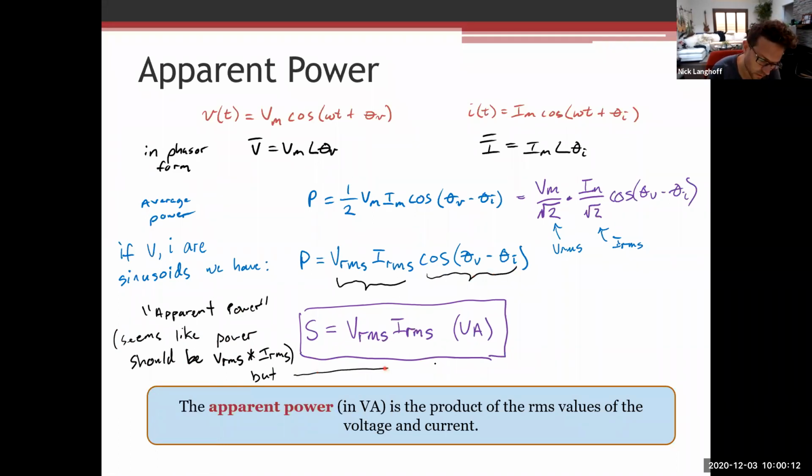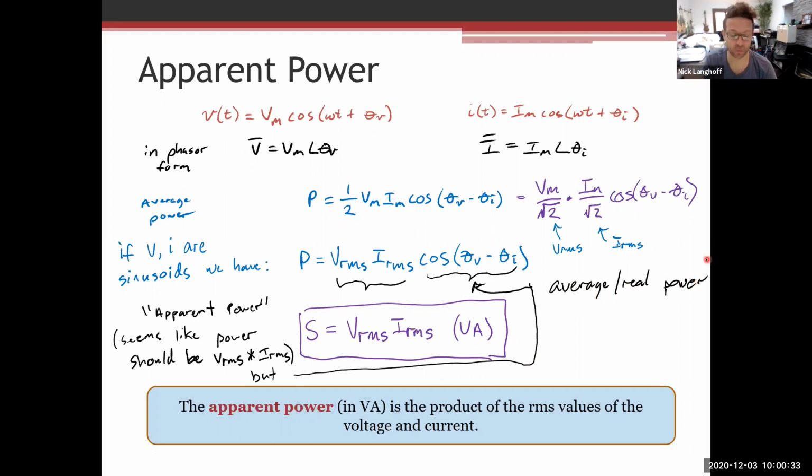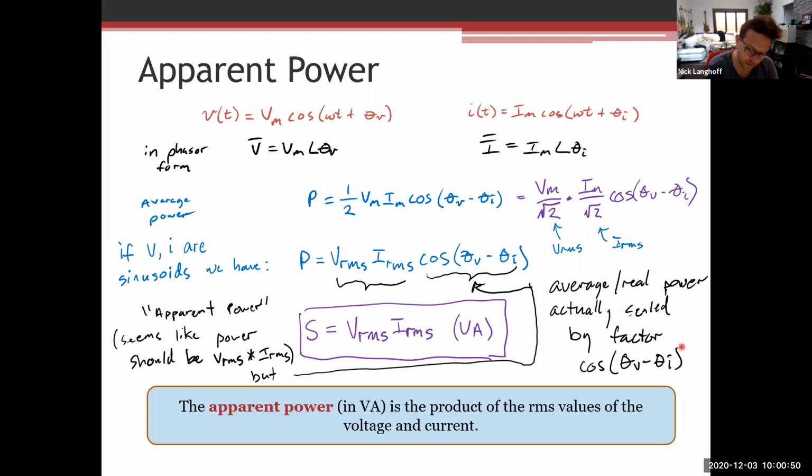However, it's actually scaled by this factor. The average or real power, the power that's actually delivered, the one that counts at the end of the day, is scaled by this factor, the cosine of theta v minus theta I. And we give that factor a name.